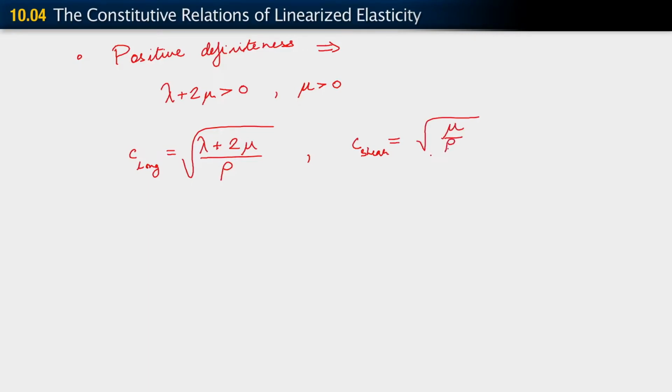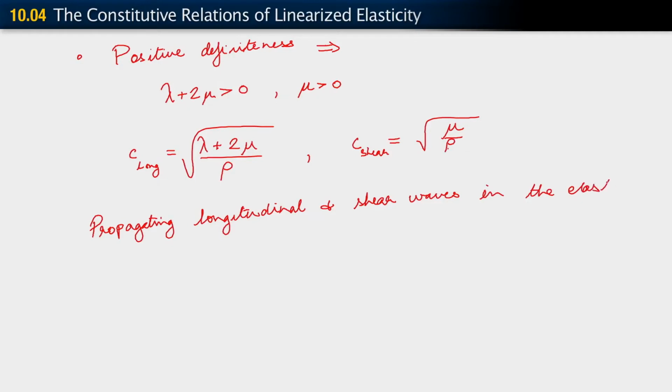So these conditions on lambda plus 2 mu and mu essentially allow us to have propagating longitudinal and shear waves in the elastic material that we are describing with this linearized theory of elasticity.